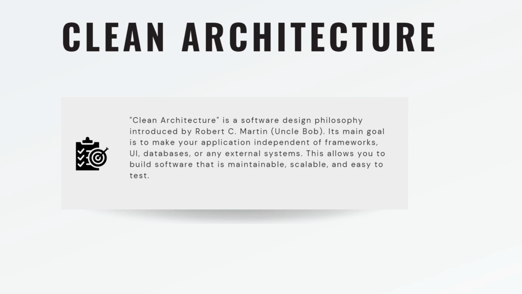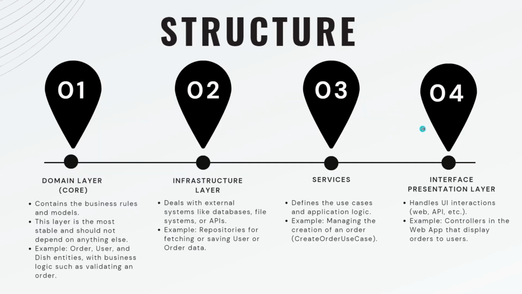What is clean architecture? Clean architecture organizes code into layers, with strict dependencies flowing inward. At its core, the business logic, the heart of the app, is isolated and not dependent on frameworks, database, or UI. Clean architecture is a layered structure. It has four layers.